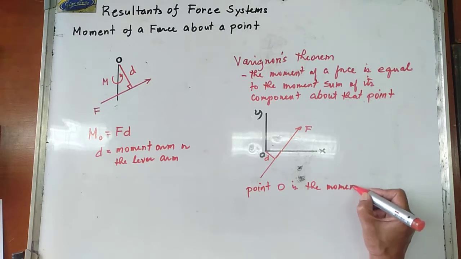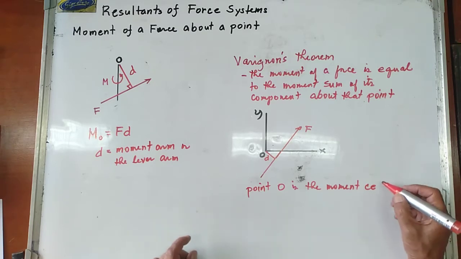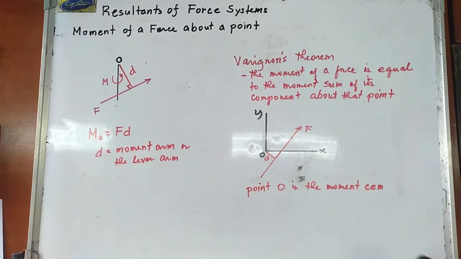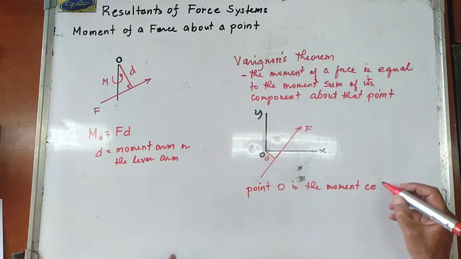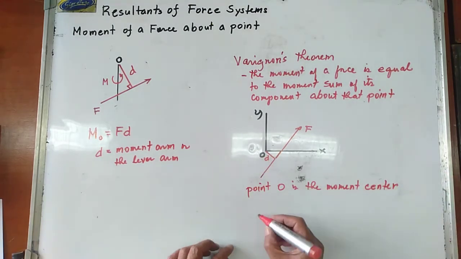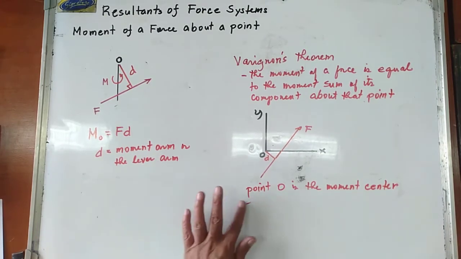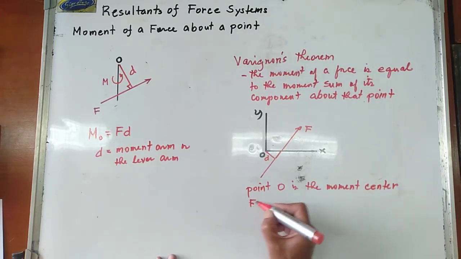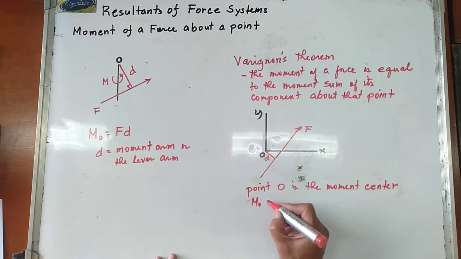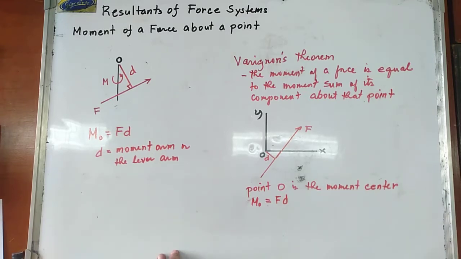When we say moment center, that is the point about which the force is to be rotated. Your moment of the force about point O is equal to F multiplied by d.